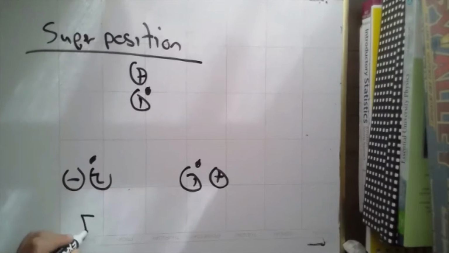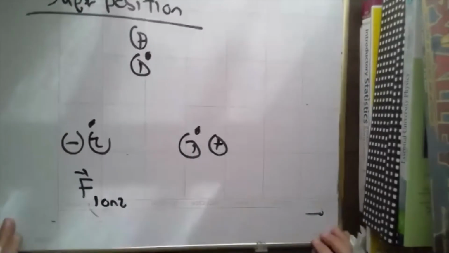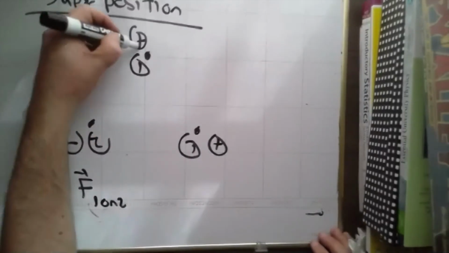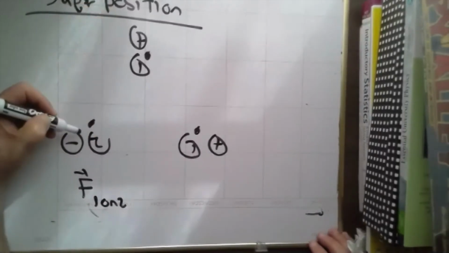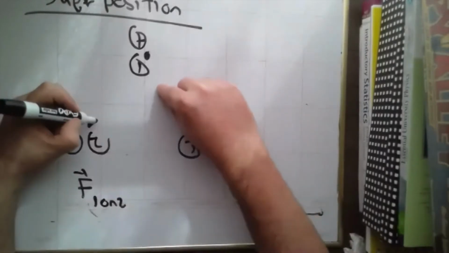Then the force of 1 on 2: these are unlike charges, so they attract. So 1 is going to try to attract 2.